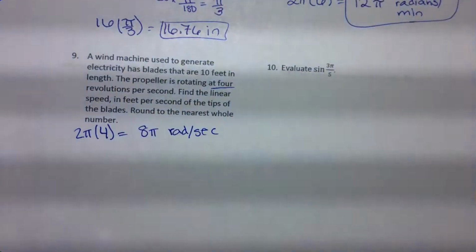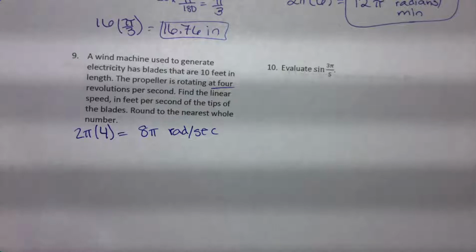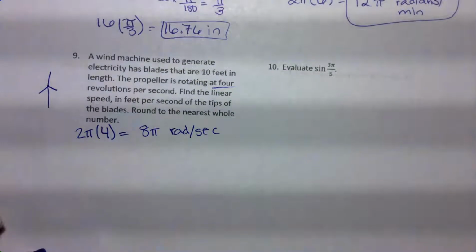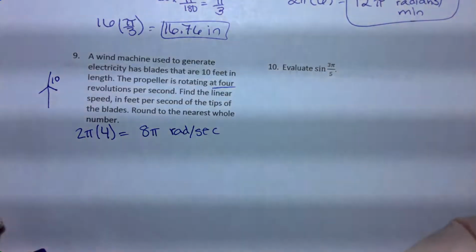Then what I want to do next is turn this into linear speed by multiplying by my radius, because, I'm going to draw a really bad fan or wind machine, but they kind of look like this, and each blade is 10 feet, so that is my radius there.